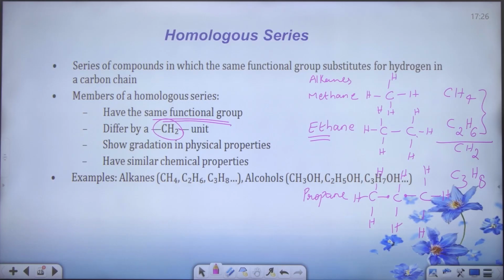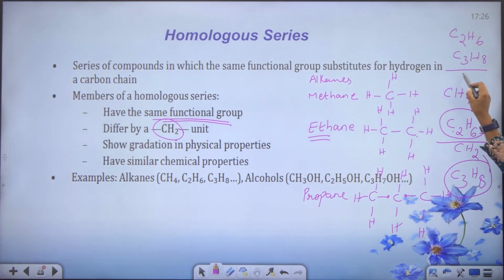See ethane and propane, the molecular formula of ethane is C2H6 and the molecular formula of propane is C3H8. See the difference. The number of carbon atoms differs by 1, C2 and C3, and hydrogen atoms by 2, a CH2 difference. That means the adjacent members in a homologous series differ by a CH2 unit.